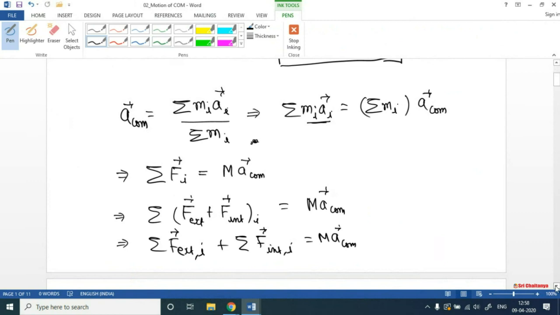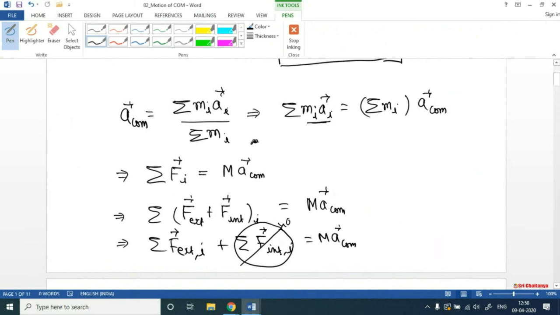Now, closely looking at this term, this term will sum up to 0, because the forces which are internal to the system will always appear in pairs. Internal forces will be action-reaction pairs, so equal and opposite, and they will cancel each other.